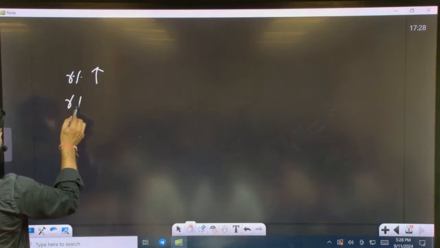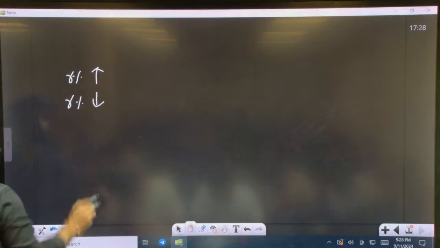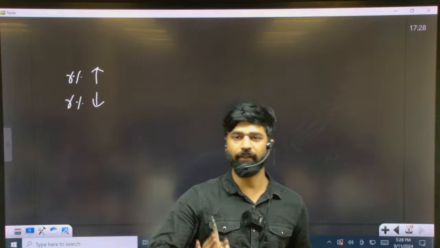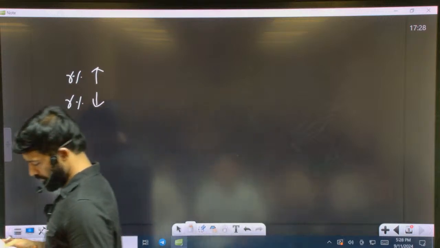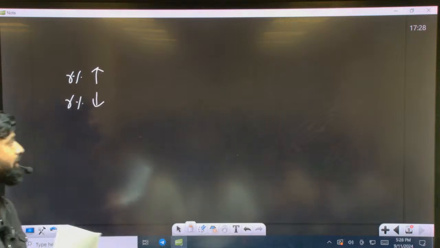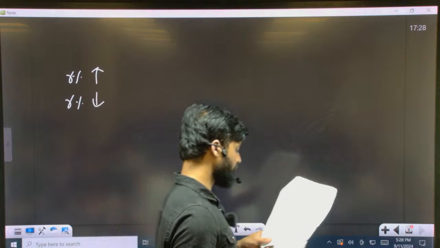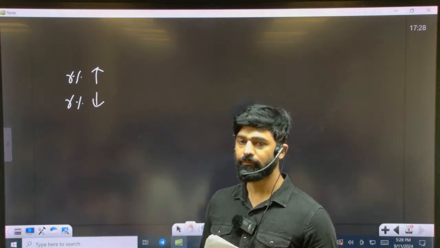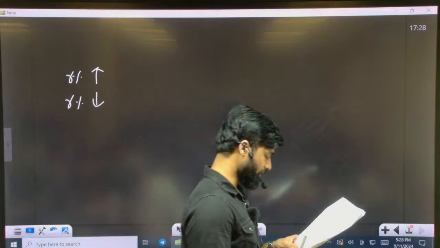First there is an increase, then after that there is a decrease of the same percentage, R percentage. If the latest price is 1 rupee, then find the original price.